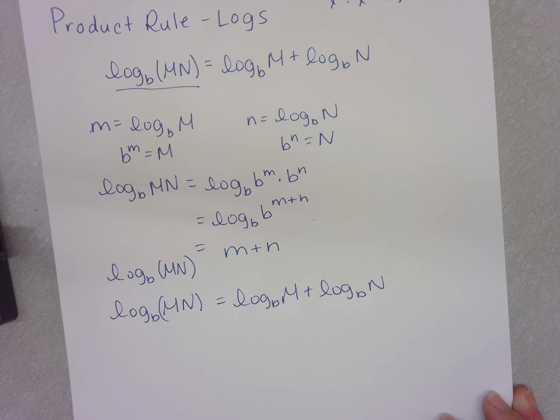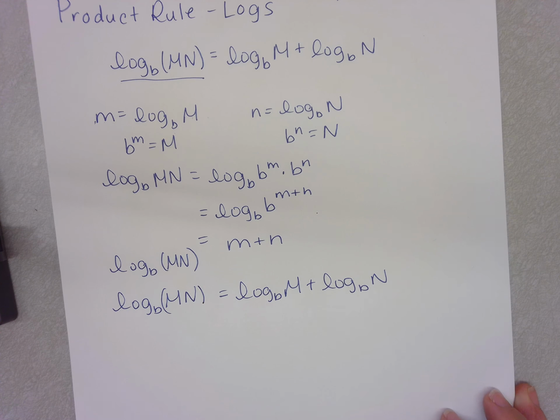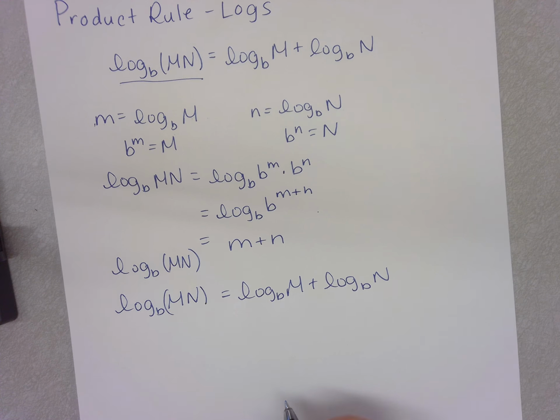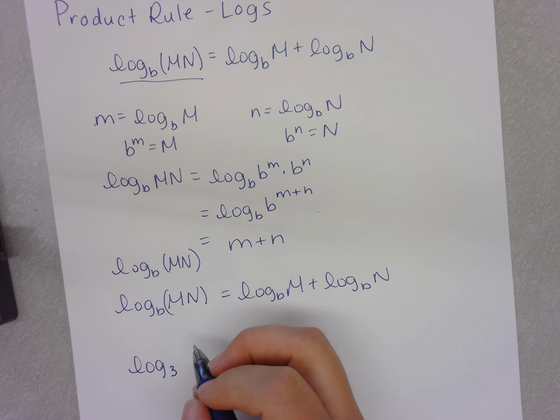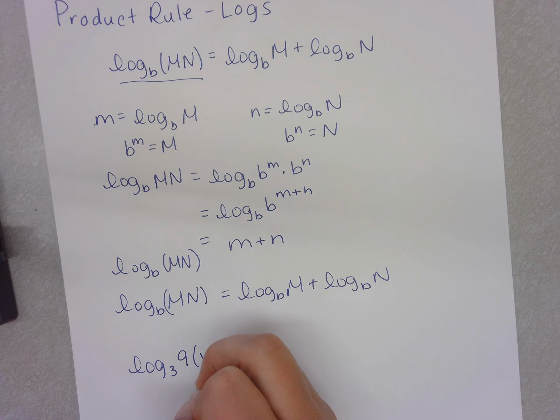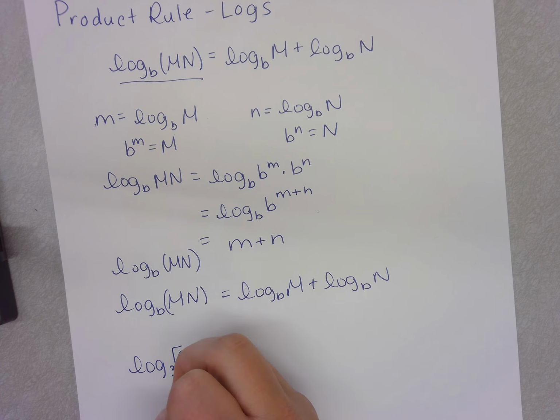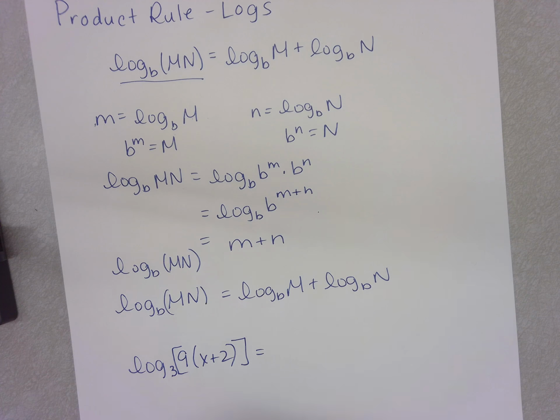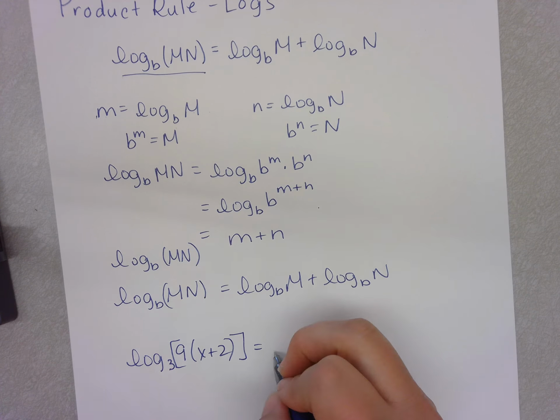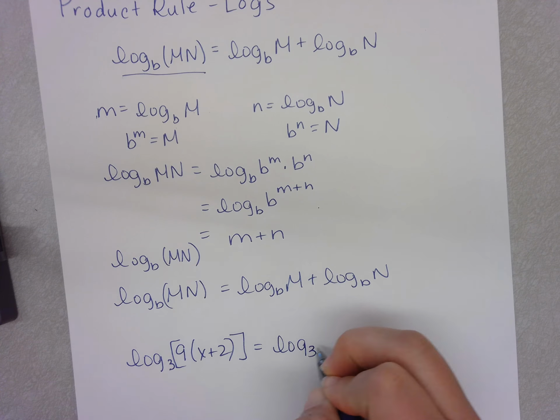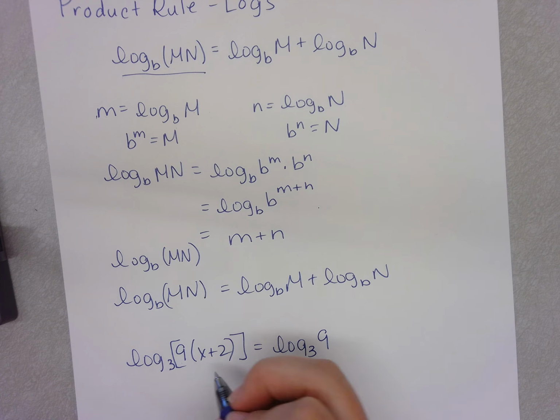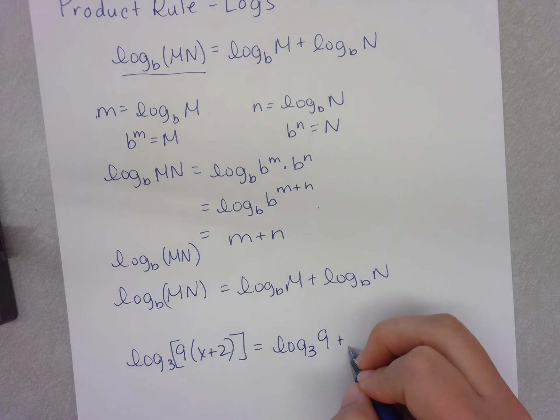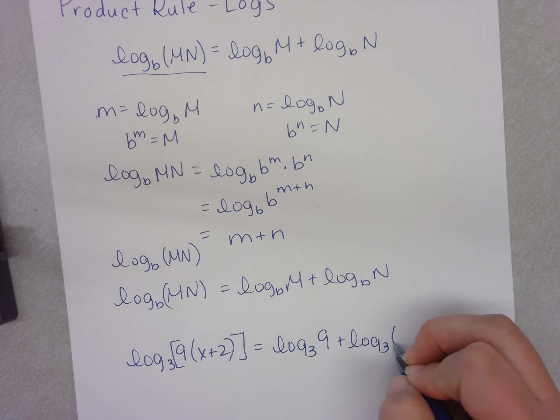So what that tells me essentially is if I happen to have, let's say, the log base 3 of 9 times x plus 2, and that's all in here, I could expand that and say, okay, this is the log base 3 of 9, because this times this, and then plus the log base 3 of x plus 2.